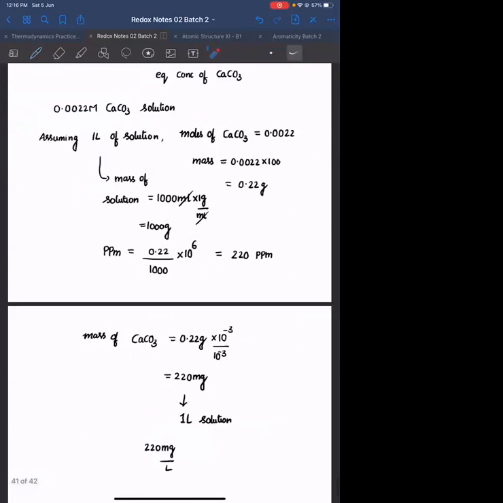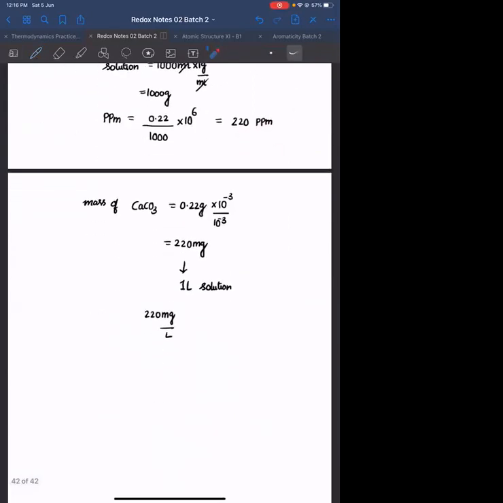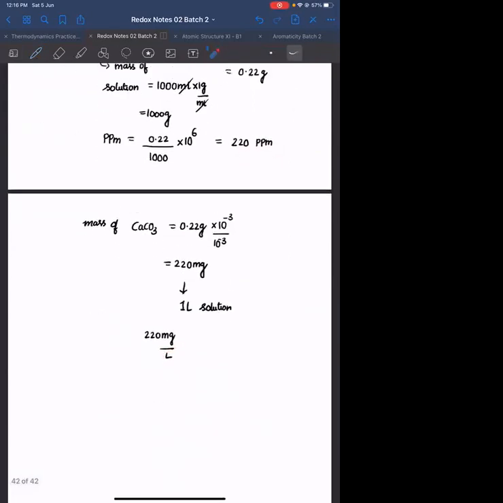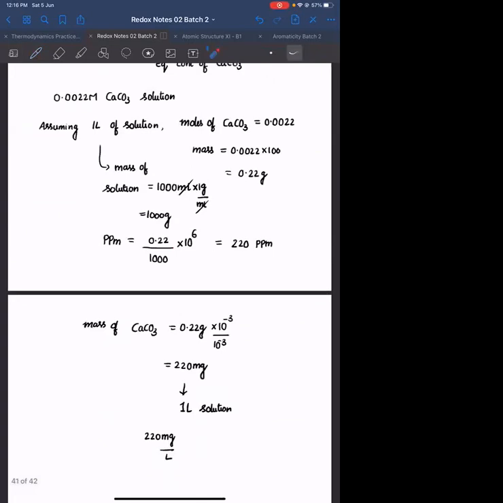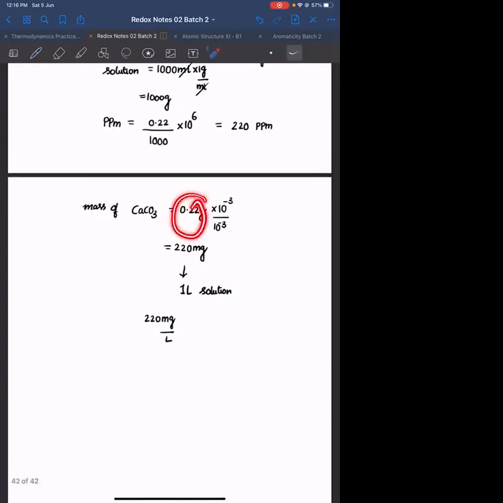Usually both will come the same, concentration in ppm and concentration in milligram per liter. Sorry, what is 10 power -3 upon 10 power -3? I did this to convert into milligrams, because we are trying to get the concentration in terms of milligrams. 10 raised to -3 grams is milligram.